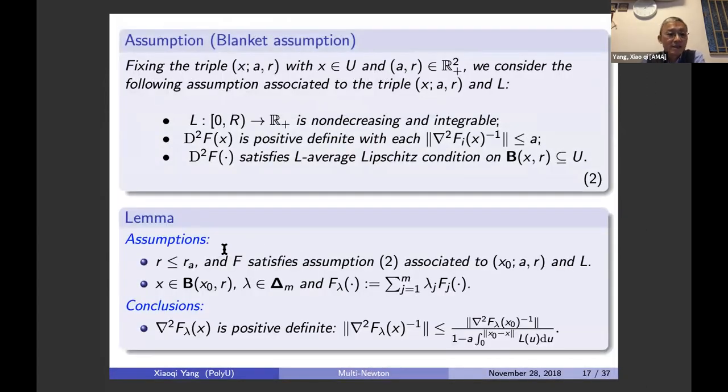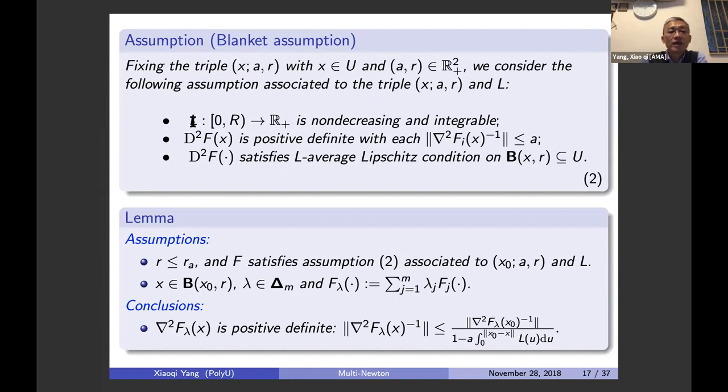So those are some assumptions that we made in our analysis. First, for x in this open set, we assume there exists an R and this L function.